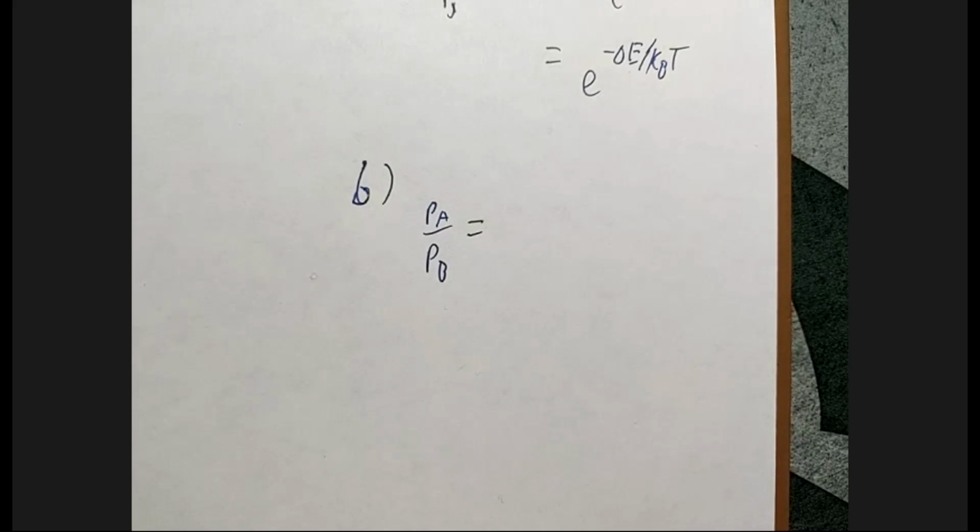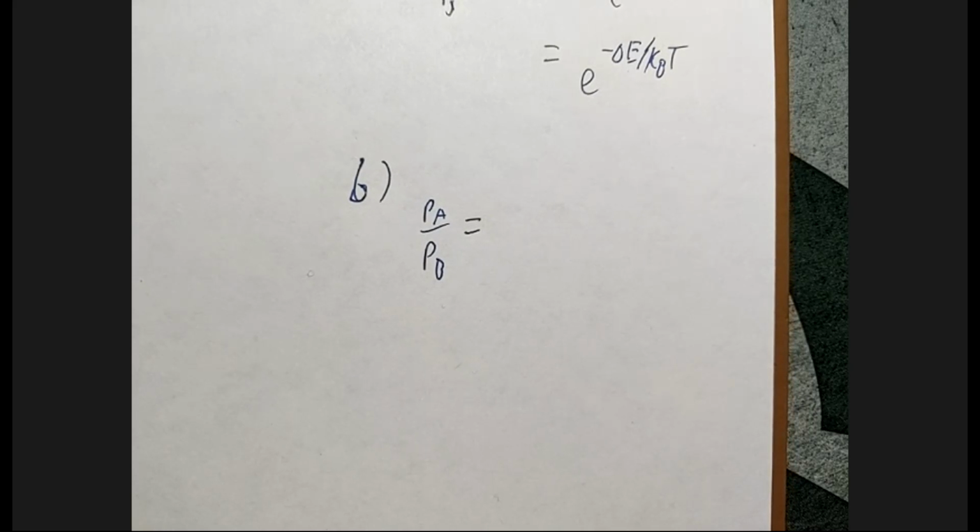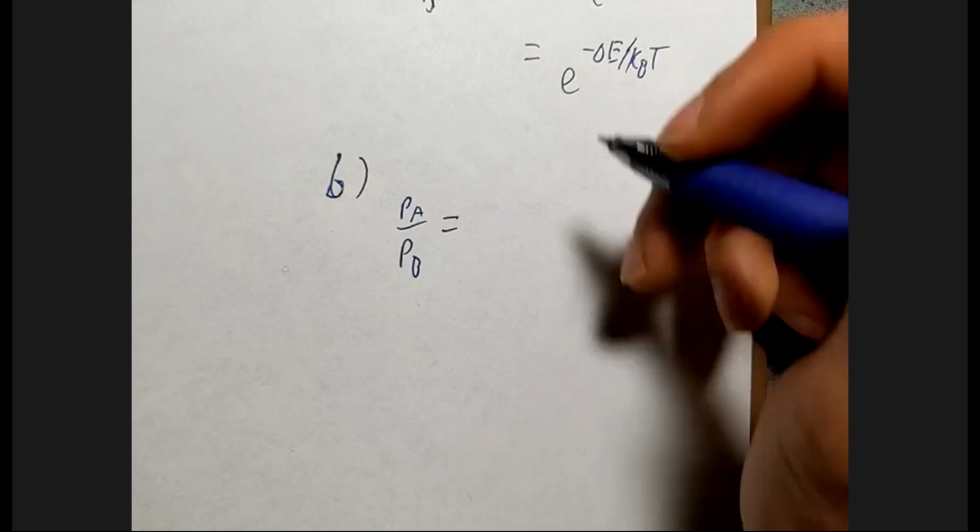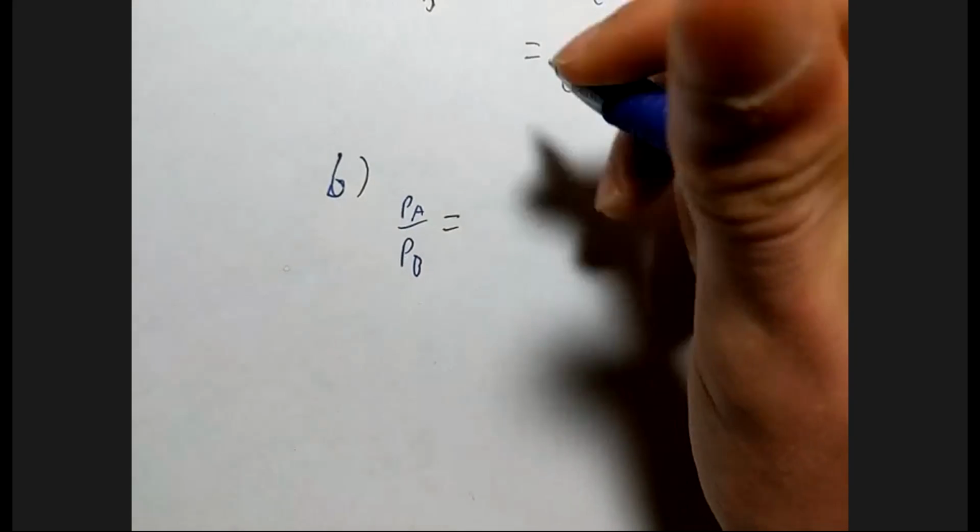For this situation, the ground state is 0 kBT. So this makes our calculations very easy, because we don't have to consider a non-zero ground state, and we can almost directly plug our energies into the Boltzmann equation.